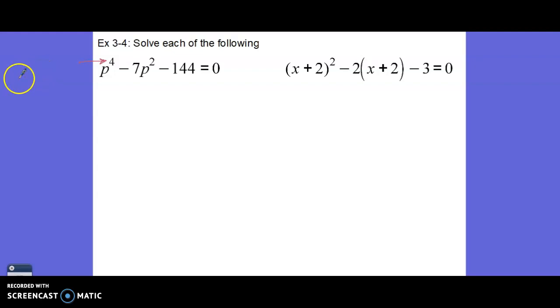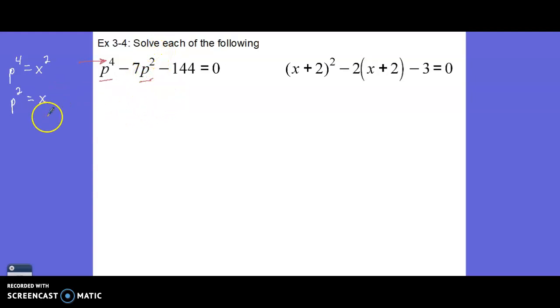But sometimes what I'll do, and I'm not saying I'm going to do it this year, is I have students think of p to the 4th as being like x squared in our quadratic models. So that means that x would be equal to p squared. So it's taking on the form x squared minus 7x minus 144.